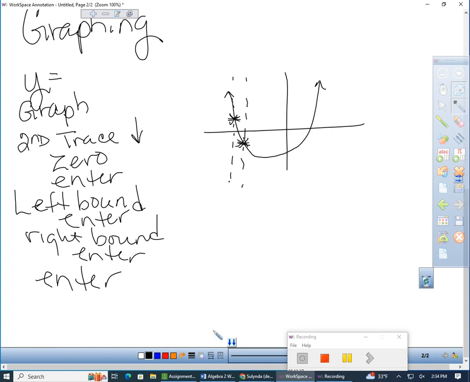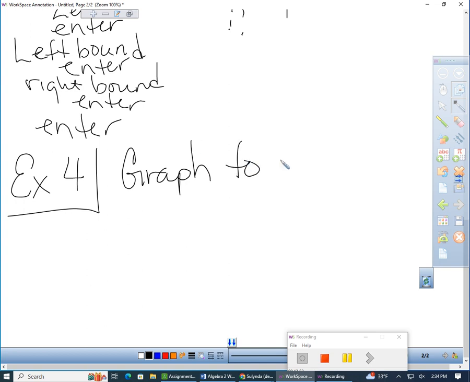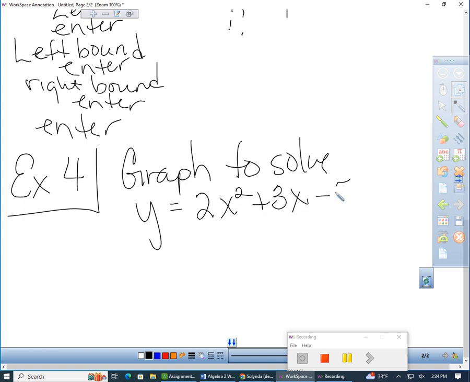So that's what we need to talk about. So here's our first one we're going to do together. Example 4, right? I'm going to show you. Just a second. I just want to get all the steps there. So here we go. Graph to solve. And let's go with y equals 2x squared plus 3x minus 5.